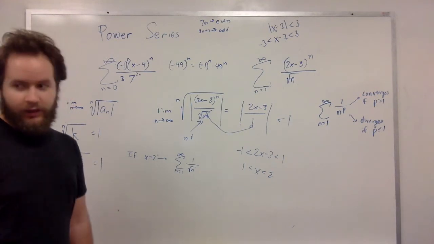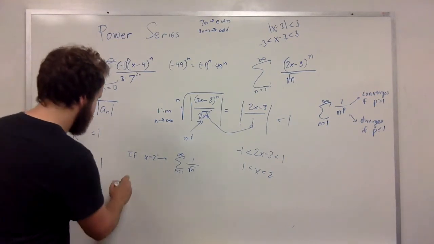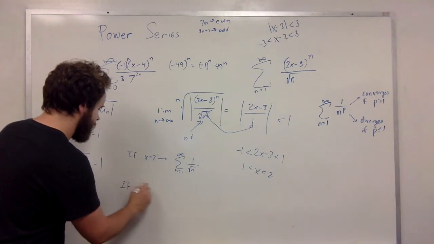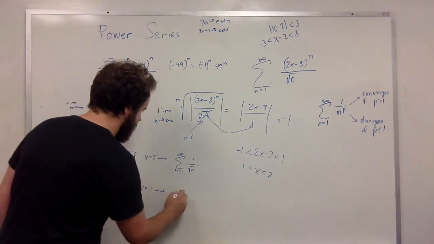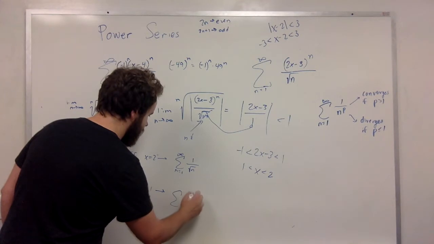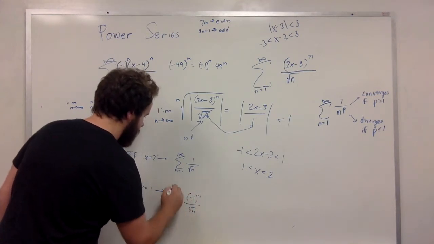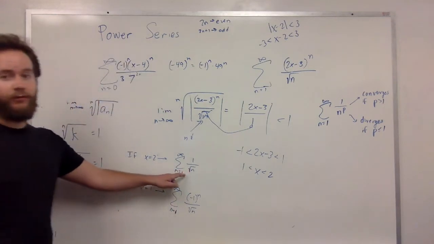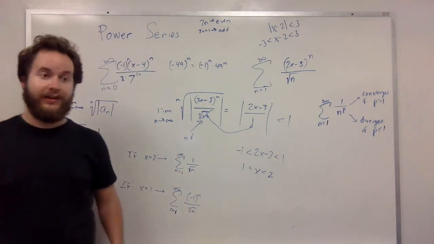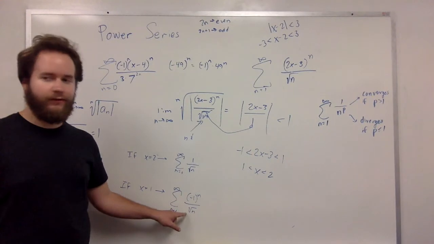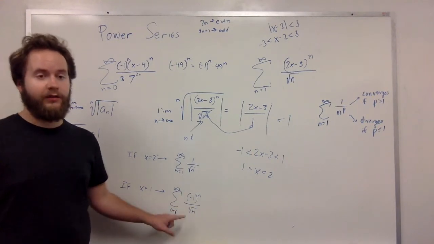However, if we let x equal 1, we get this guy. Now, while it is true that the summation from 1 to infinity of 1 over square root of n diverges, this one will converge. Do you know why this one converges?